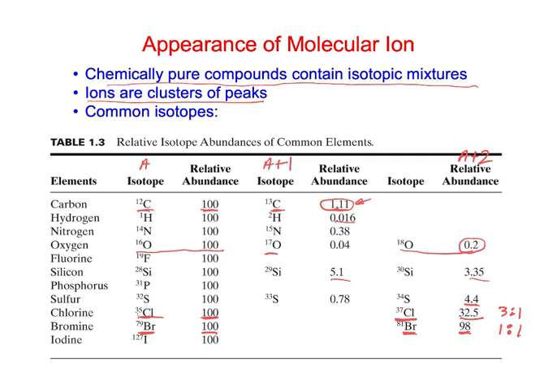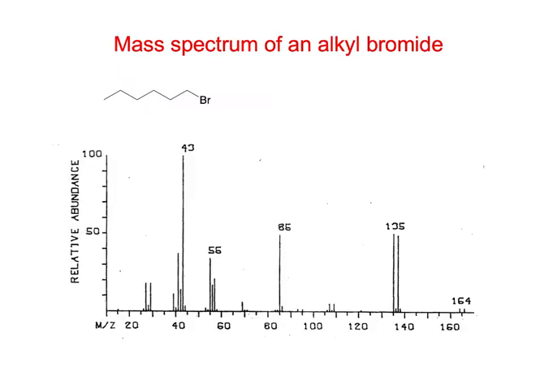Okay, so for example, if we have a bromine in the molecule, we see here the molecular ion has 164 and 166, and these are roughly in a 1-to-1 ratio, right? 135 and 137 also have bromine in it, so what are we losing here? 164 goes to 135, right?